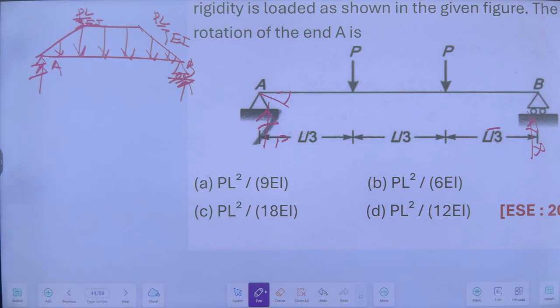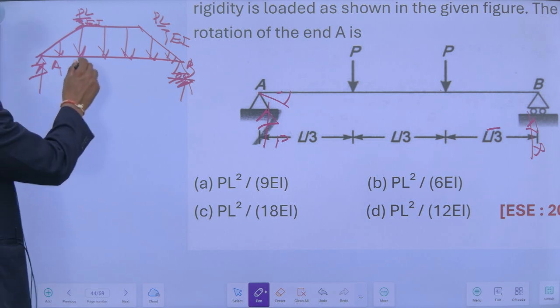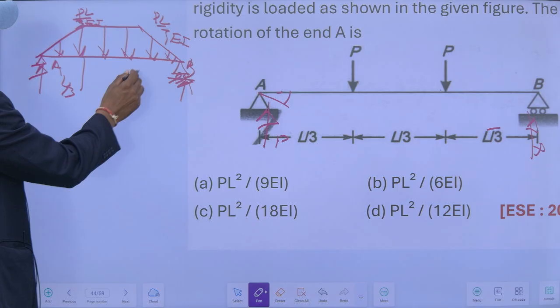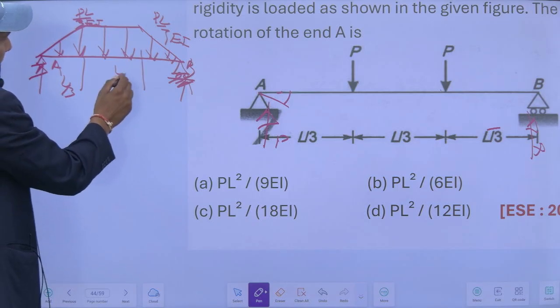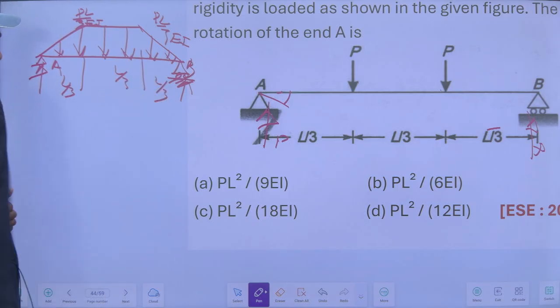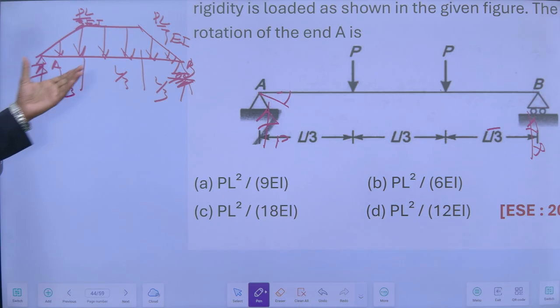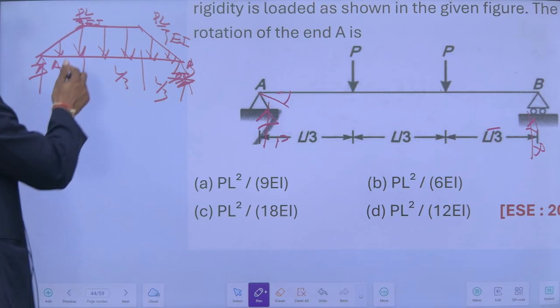Now this is symmetrical, so this is L by 3, this is L by 3 and this is also L by 3. So my total load is equal to how much? This will be equal to the area of this.